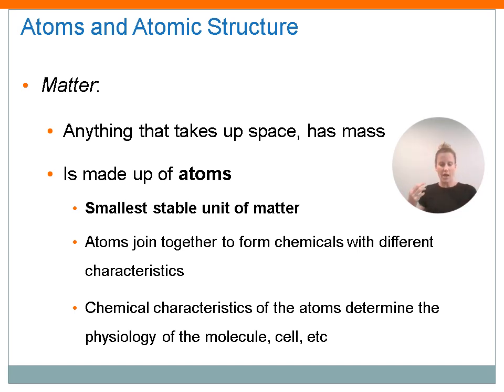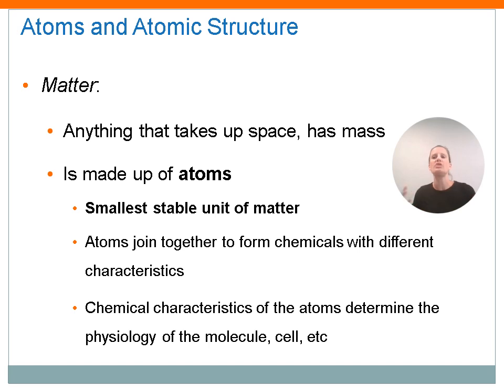So I'm taking hydrogen gas and oxygen gas, putting them together, and I get H2O, which is a liquid at room temperature. So these atoms, because I joined them together, are now forming something that behaves completely differently than the original atoms.